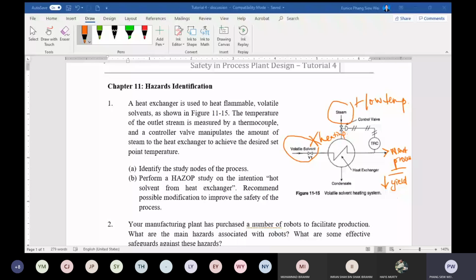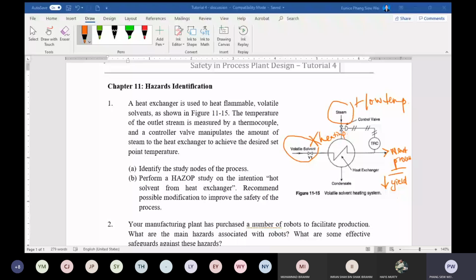Okay, now we say there's no temperature or there's low temperature coming in. On the steam itself, no issue. There's no significant impact on the steam system. It will not cause anyone to get injured because of low steam temperature. But then we look at the impact of that low temperature on the next process, or whether it has done what it intends to do.